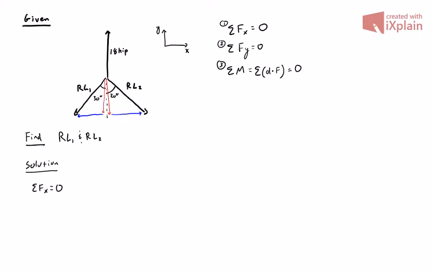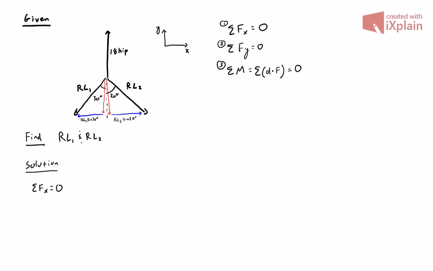So if you remember back to trigonometry, you can find the opposite side away from the angle using sine, right? So this side of that triangle is going to be RL2 times the sine of 20 degrees. Likewise, the x component of RL1 is going to end up being RL1 times the sine of 30 degrees.